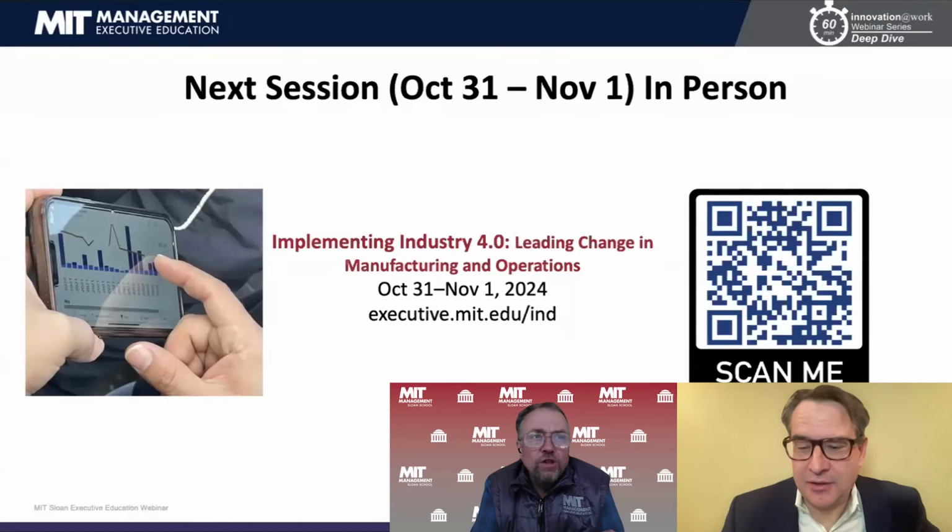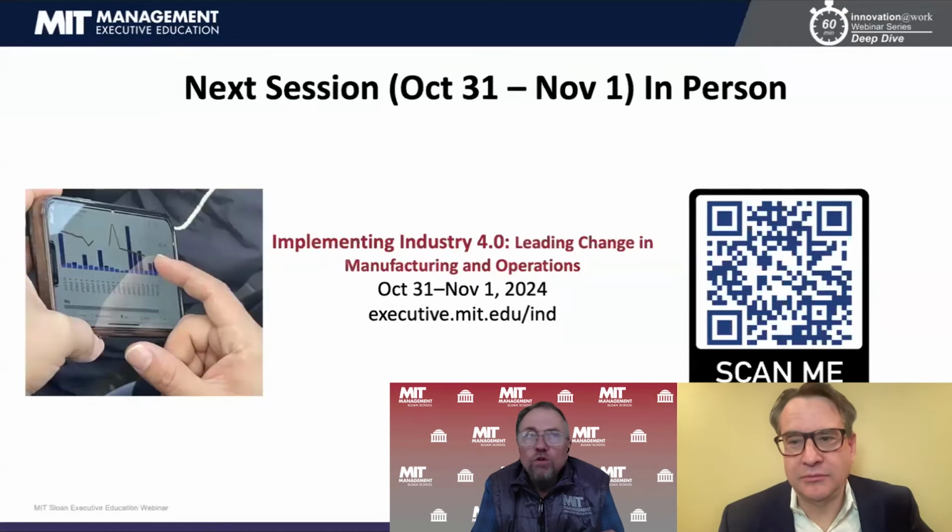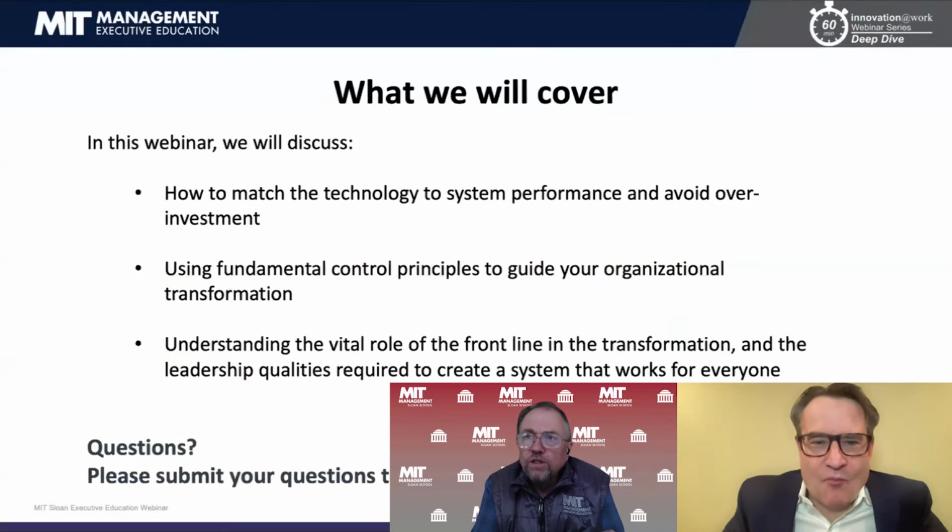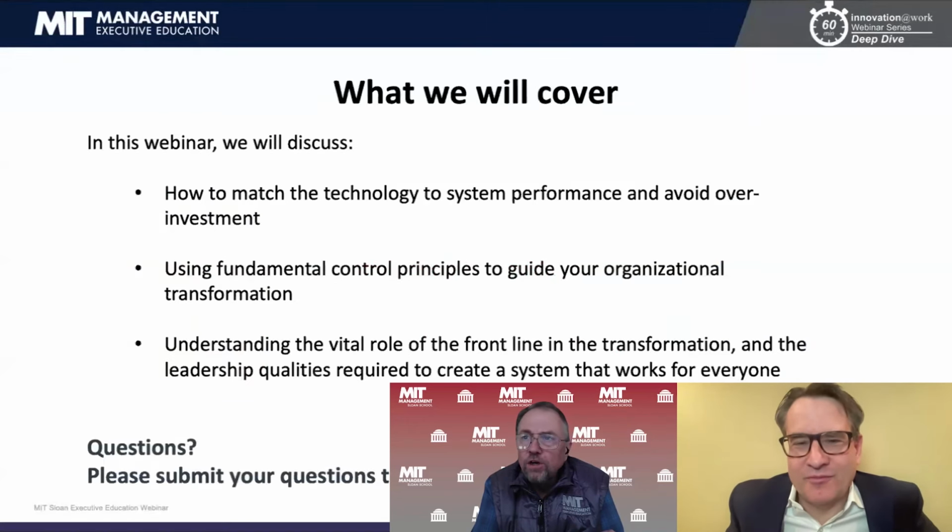I'd like to talk a little bit about what we're going to cover in today's webinar, really three main topics here: how to match the technology to system performance and avoid overinvestment. Second, using the fundamental control principles to guide your organizational transformation.